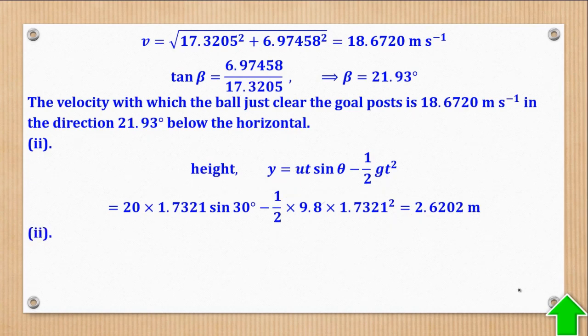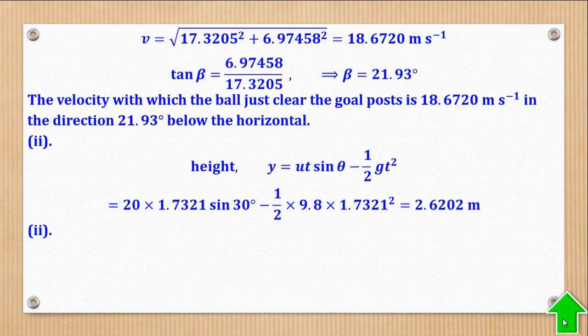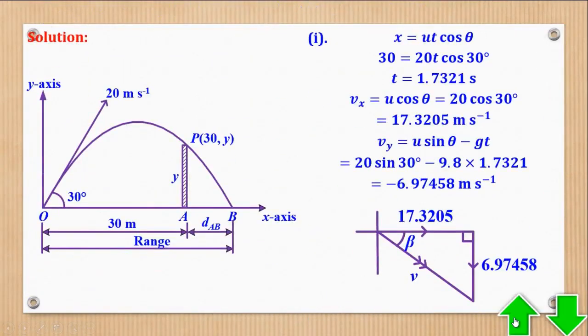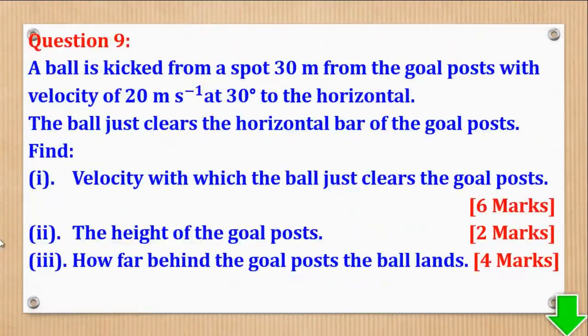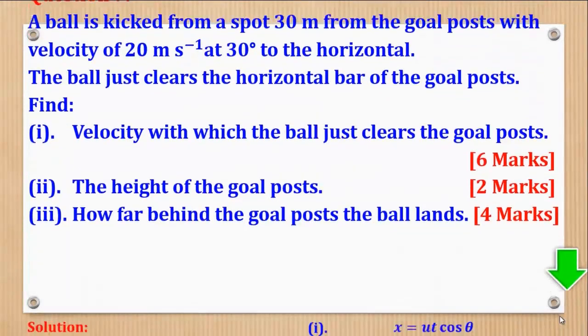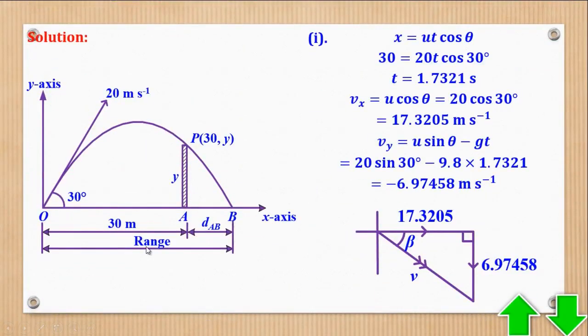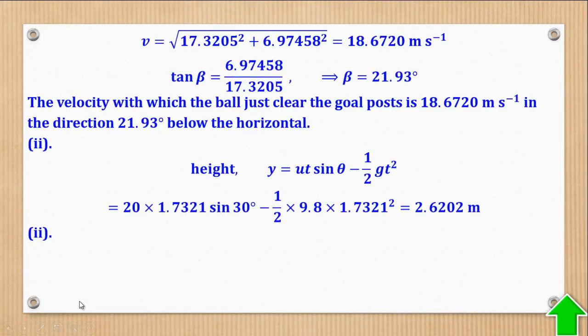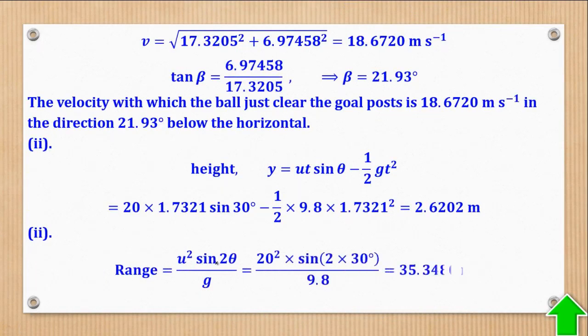Then Roman 3. They want how far behind the goalposts the ball lands. To get this distance, I have to first get the range. The range is given by the formula u squared sin 2 theta over g.